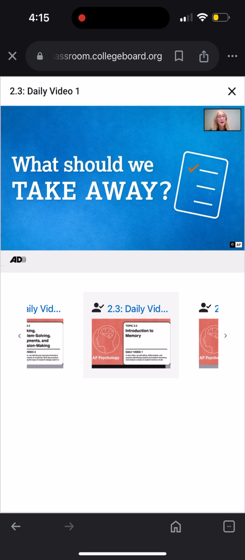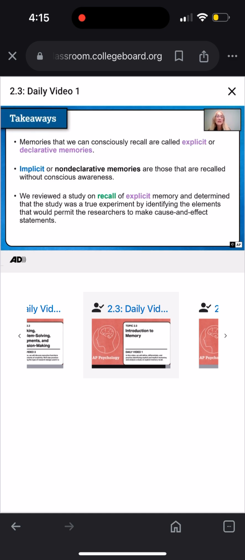So what do we take away? Memories that we consciously recall are called explicit or declarative memories. Implicit or non-declarative memories are those that are made without conscious awareness.